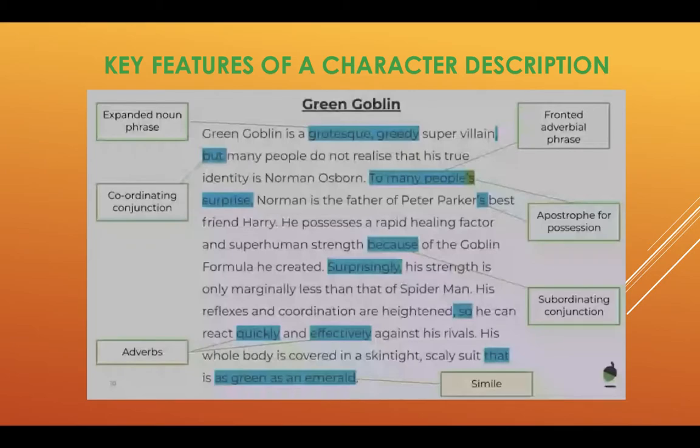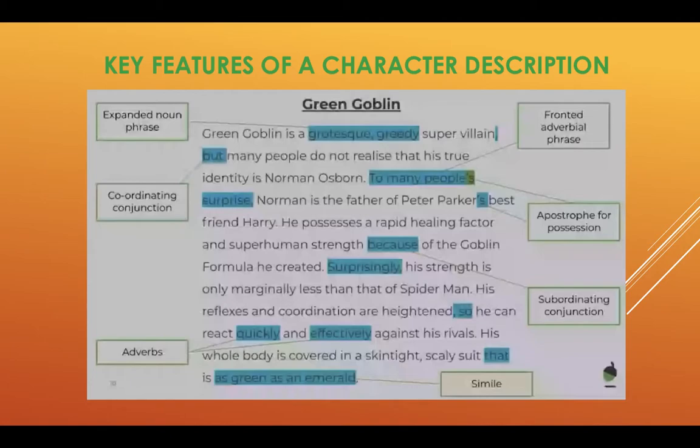There's an apostrophe between the E and the S at the end of people's. That is an apostrophe of possession. So the surprise belongs to the people. And then we've got Peter Parker's best friend. So the best friend belongs to Peter Parker. So we have an apostrophe of possession. Have you used apostrophes of possession in your own writing? So remember it, they are useful.